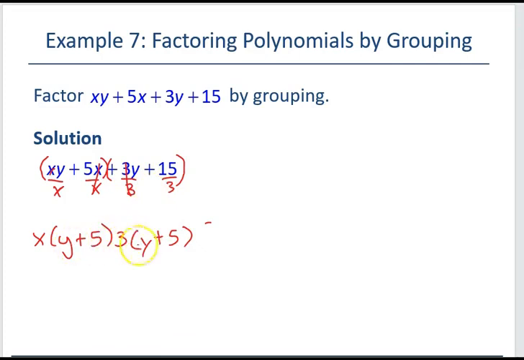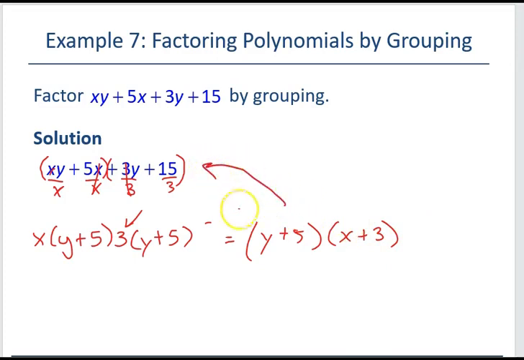I've got this y plus 5 here, so let me put that over here. Let me throw up another parenthesis here, and notice I've got this x. This 3 here, I know you're not seeing whether it's plus or minus, but remember, that's a positive 3. So I can just put that down as a positive 3. And if you decided to FOIL this back out, you would get back to your original equation right there, and it would all work out great.